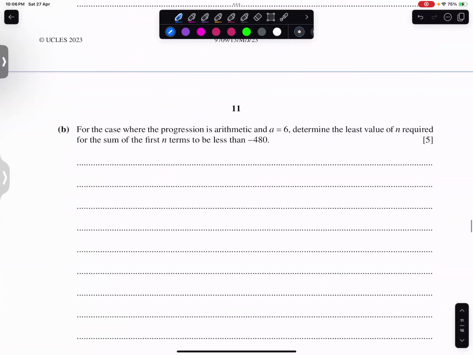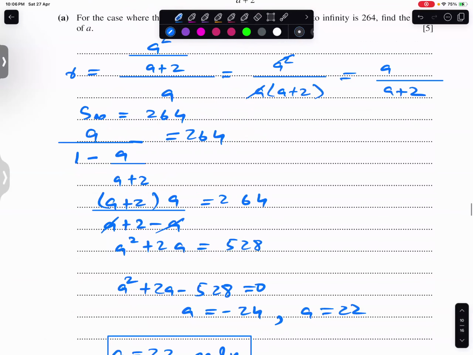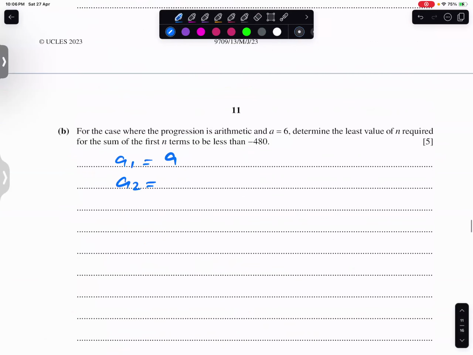Next is for the case where the progression is arithmetic and a is 6. Determine the least value of n required for the sum of the first n terms to be less than minus 480. So my first term is 6 and my second term is a squared over a plus 2.